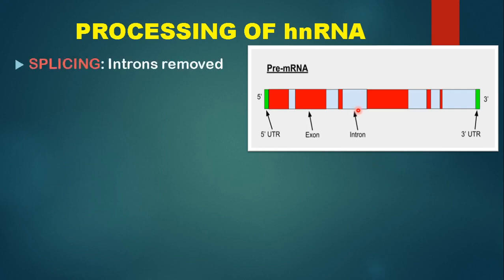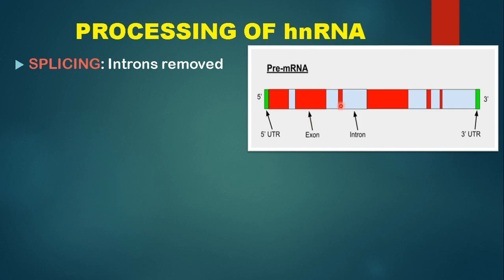splicing. Now what happens in splicing? The introns are removed. An enzyme called spliceosome will act and cut the introns at the ends. The ends will be cut off, and consequently the introns will be removed. Then again enzymes will play the role to rejoin only the exons.